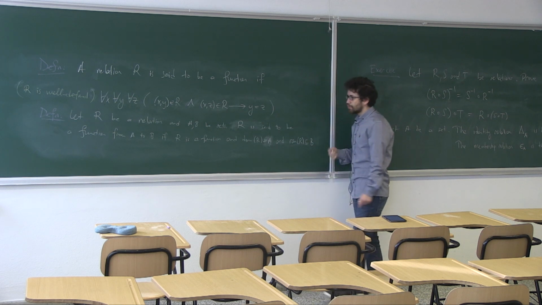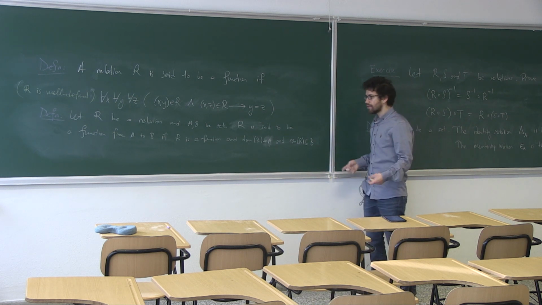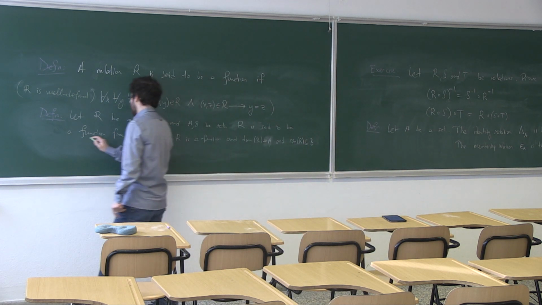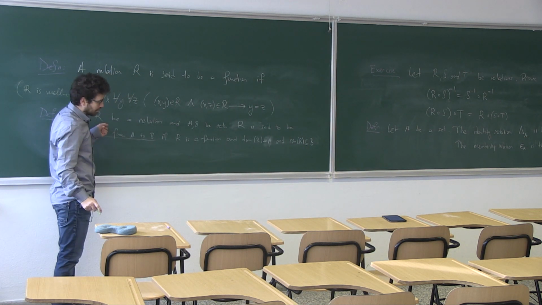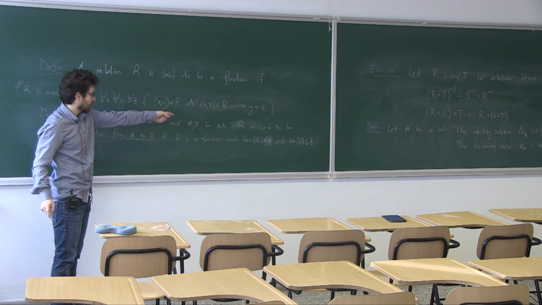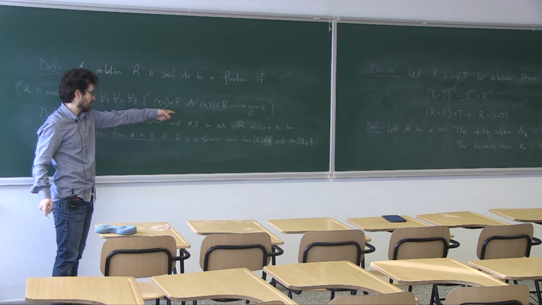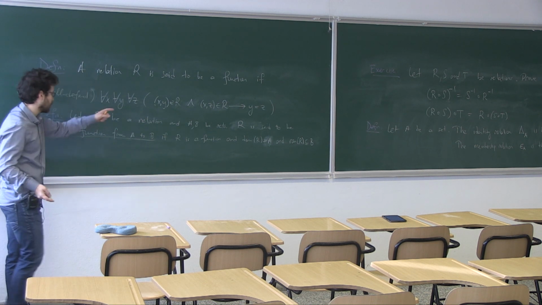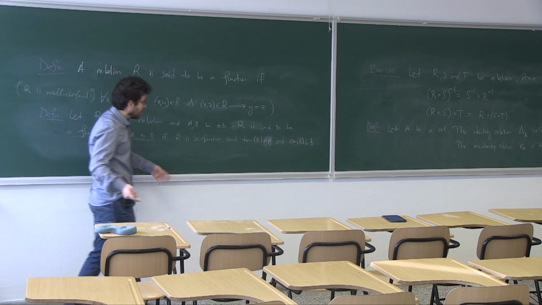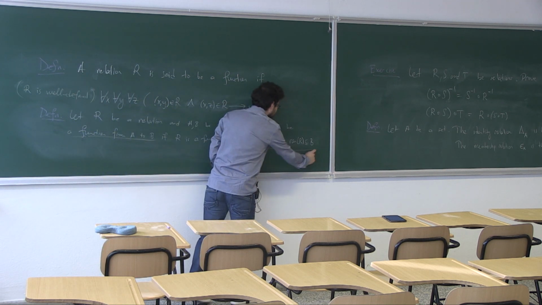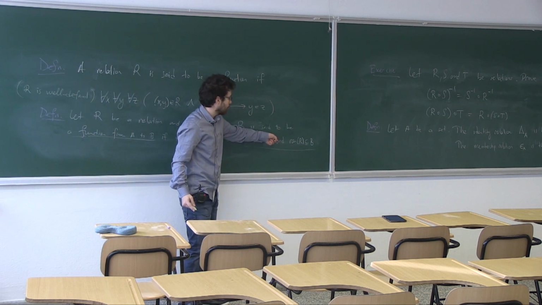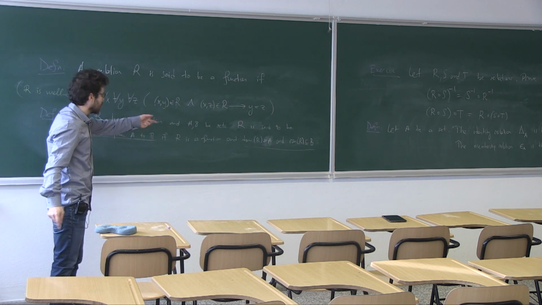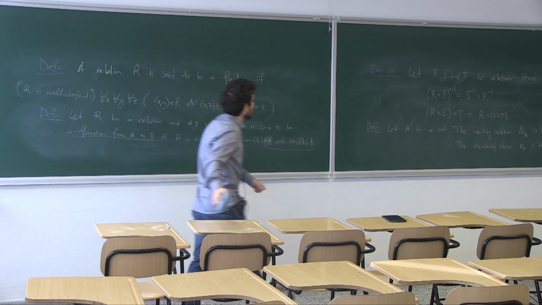But in practice, we talk about functions from something to something, so let's define that. A relation is said to be a function from A to B if, okay, the first requirement is that this relation should be a function, because we're defining what it means for a relation to be a function from something to something. And the other requirement is the following: the domain should be all of A, the range should be a subset of the second set B. In this case, you call this a function from A to B. Okay?